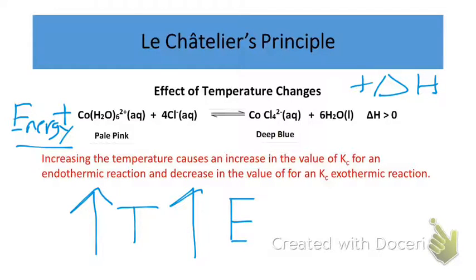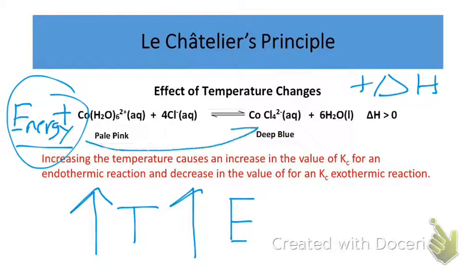So to get rid of the added energy, the equilibrium position has to shift, in this case, to the right, to the product side. All right? So think of temperature changes in terms of where energy is located in our equation.